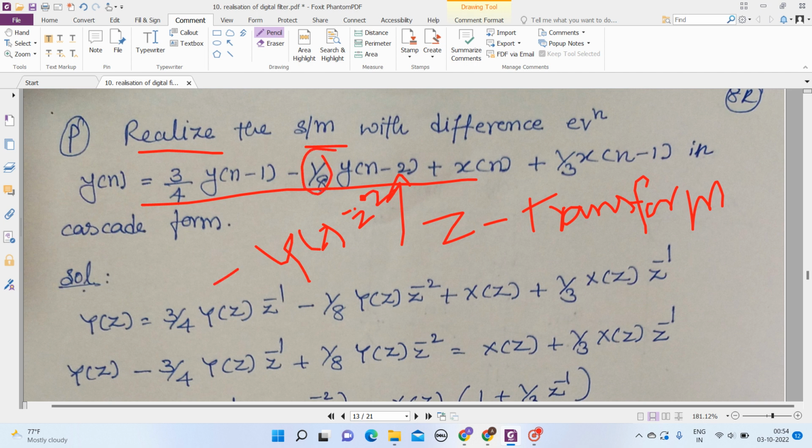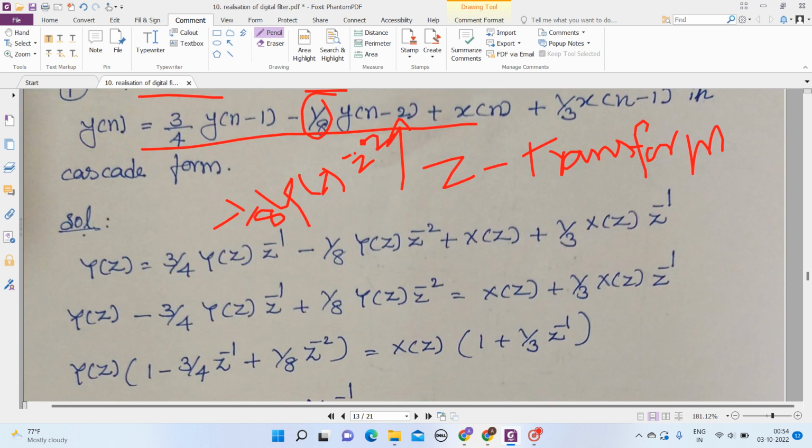Minus 1 by 8, how will you write this one? 3 by 4 y of z, z to the power of minus 1. This is x of z plus 1 by 3 x of z, z to the power of minus 1, and so on, or z inverse.